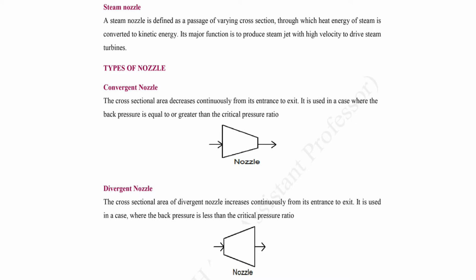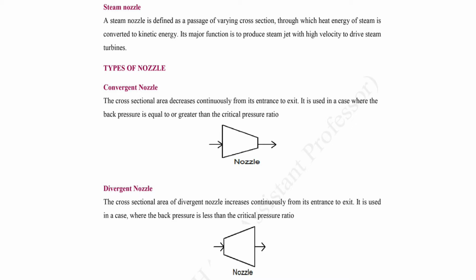It is used in a case where the back pressure is equal to or greater than the critical pressure ratio, which means when air or steam enters the pipeline, if the area reduces gradually, that leads to high velocity, where the pressure also drops.